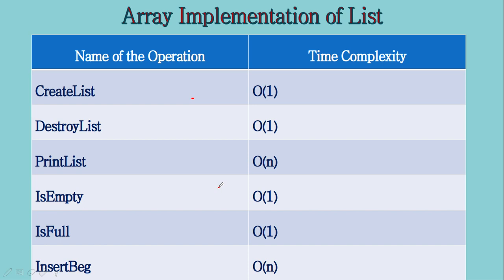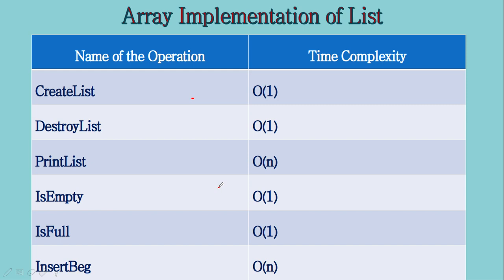So the time taken depends on the number of elements in the list, and the complexity is big O of n. Then we were checking whether a list is empty, using just the number of elements, so it takes constant time, big O of 1. Is full is also just a comparison of the number of elements and the capacity of the list, so big O of 1.